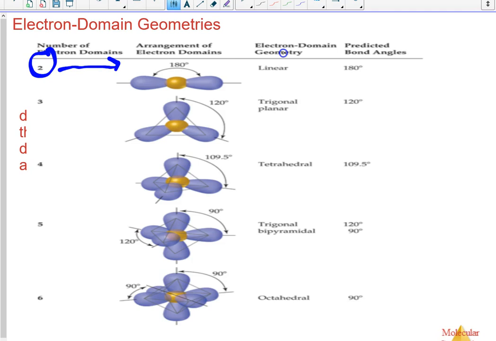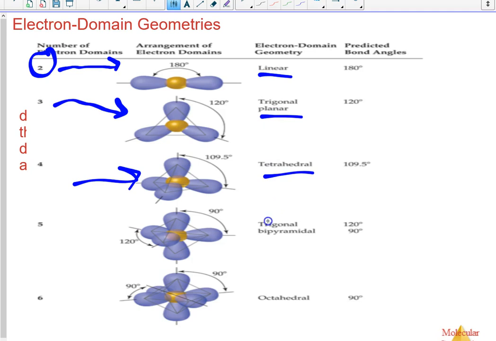You need to know if you have three, you have a trigonal planar electron domain geometry. Now the electron domains are a little bit easier to remember because they're always the same. Molecular geometries change just a little bit. All right, 4, you need to know, is this shape, and it's tetrahedral. Sorry, I didn't say trigonal planar up here, but these are things you have to know.